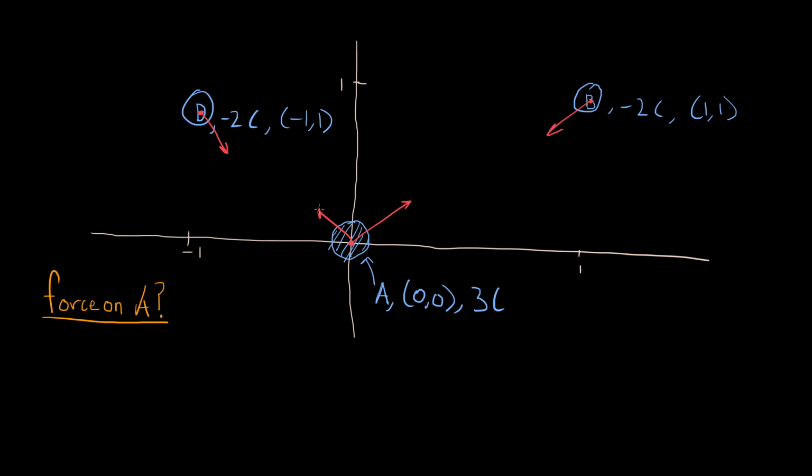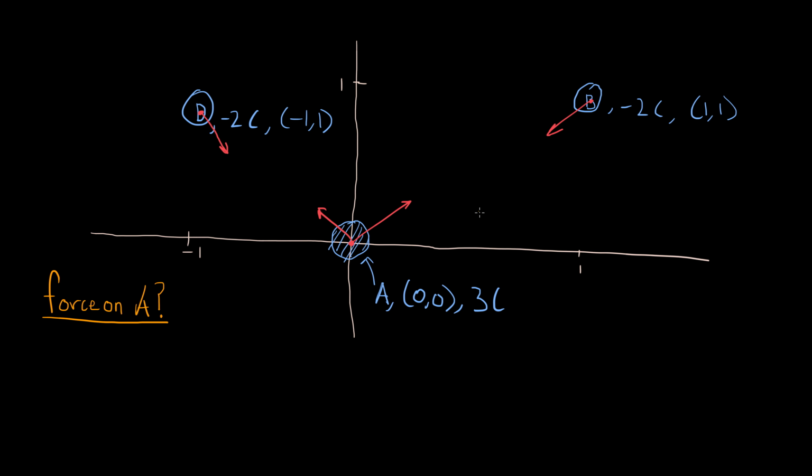And between D and B, we are going to see them repel. However, that doesn't matter for looking at the force on A. We only have to consider how A is interacting with the other members close to it. So although technically there's a force on D and a force on B, it doesn't matter.